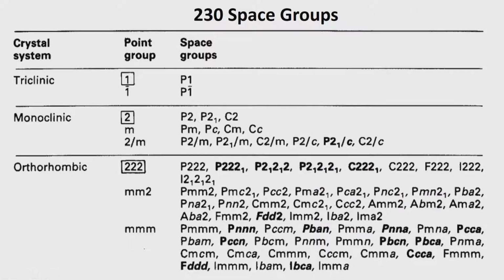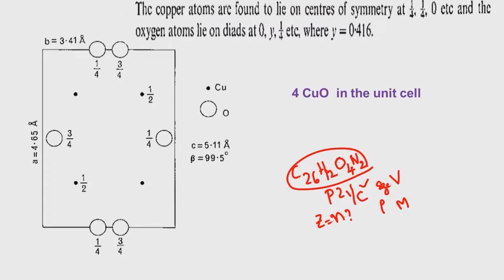So, having calculated the value of N, I would like to see whether I can determine the structure. See the complexity which is associated with the structure. So far what we saw was copper and oxygen, right, and we also found by density calculations that there are 4 molecules in the unit cell.